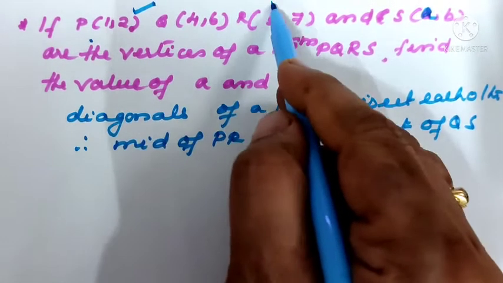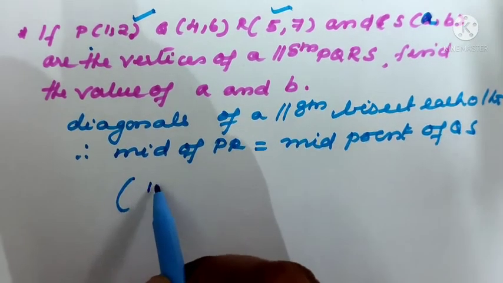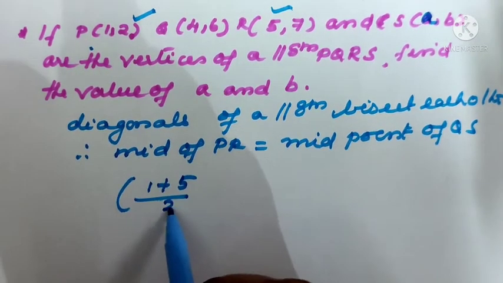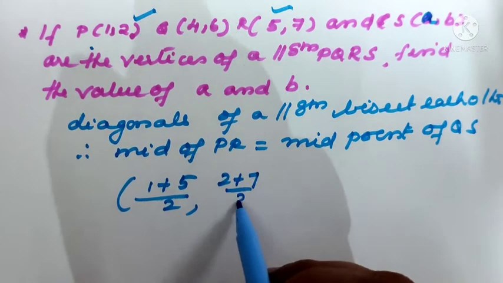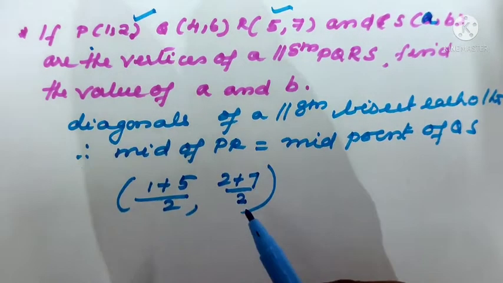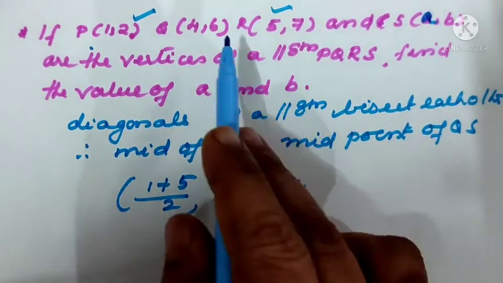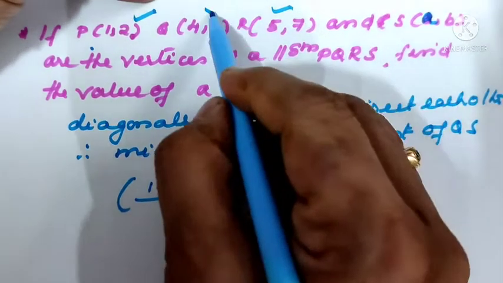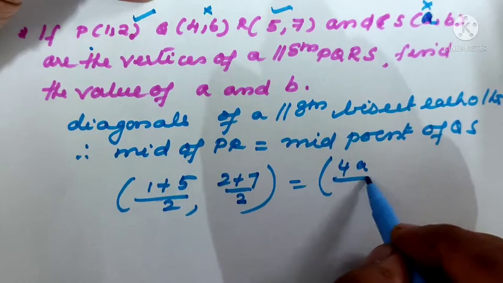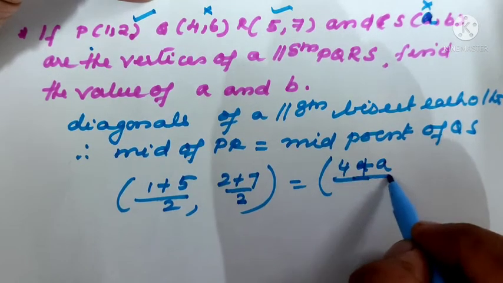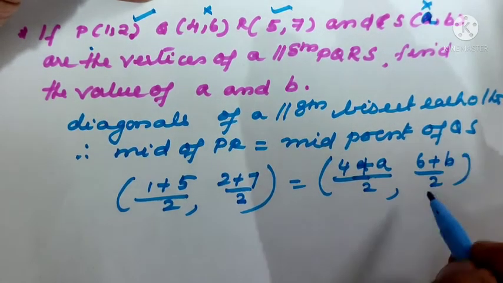I have to consider these 2 points, right? So (1 plus 5) whole divided by 2, then (2 plus 7) whole divided by 2. Similarly, the midpoint of QS means these 2 pairs: (4 plus a) whole divided by 2, (6 plus b) whole divided by 2.